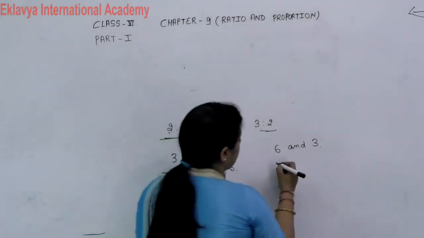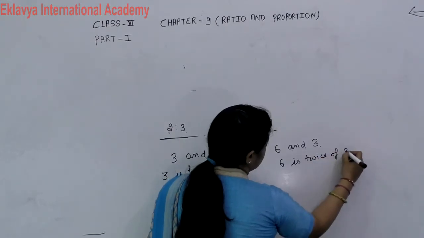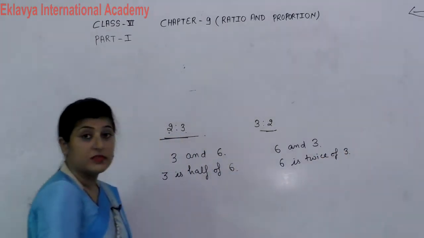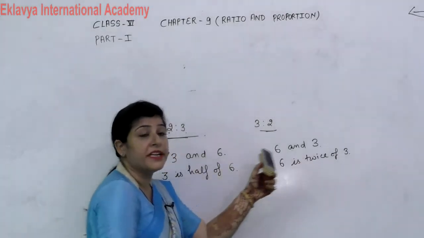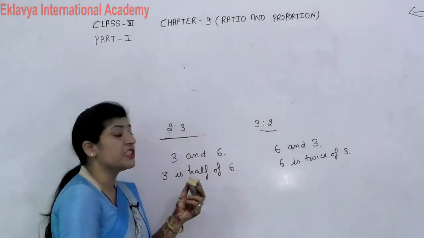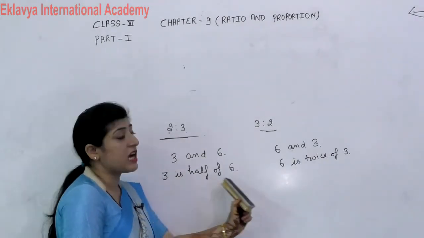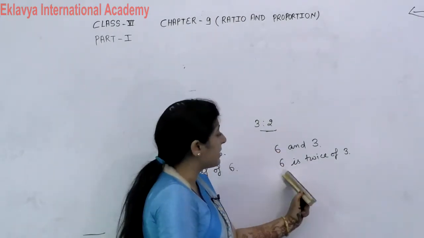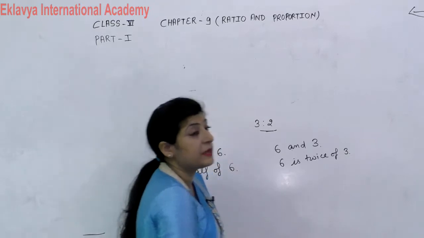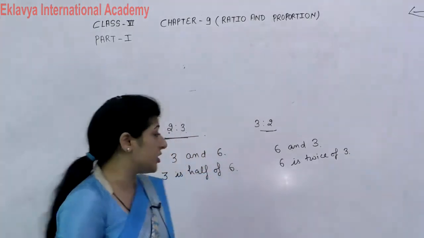In the other, we can write that 6 is twice of 3. See, when we change the order, the meaning also changes. Firstly, when I write 3, it becomes 3 is half of 6. But when I write 6 first, it becomes 6 is twice of 3. It means order is important in the ratio.